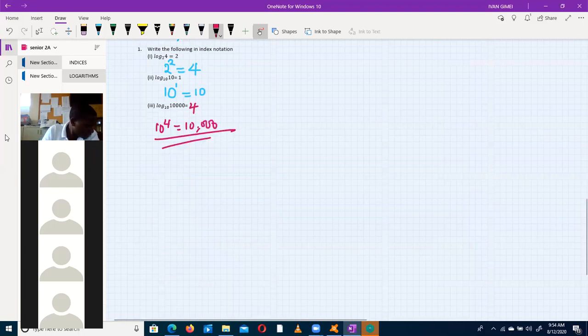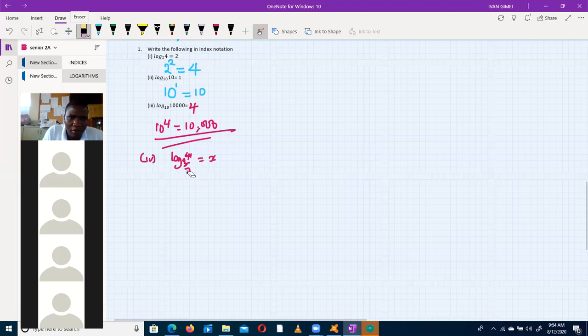Let me see this one here. Log of 4 to base a half equals x. How do you write this also? You're not seeing it well?